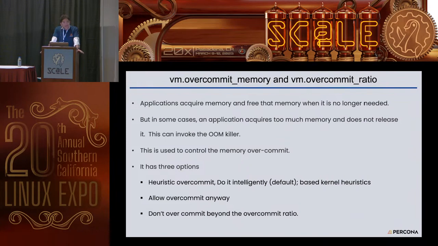Another is allow overcommit anyway, but that's not a recommended value because it can cause problems. Then there is don't overcommit beyond the overcommit ratio. The recommended value is 2, because you said to overcommit, but if that exceeds the overcommit ratio, then don't overcommit it. Give the error to the application immediately. So you can set these two parameters: overcommit memory to 2, and the ratio you can set to 60% or 50% of your memory. You can overcommit or you cannot overcommit.